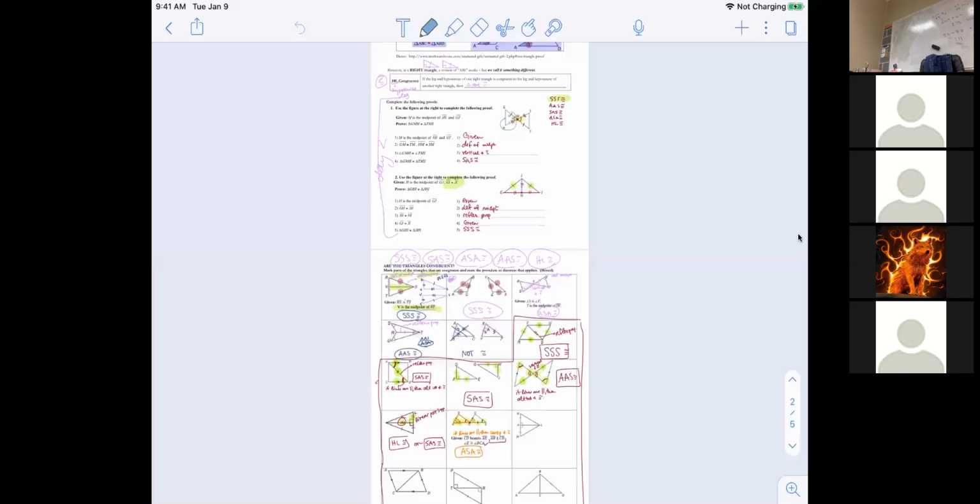Perfect. Thank you. We're going to start on the proof, and then do as many of the other practice problems as we can. But we got to get through the proof first. So let me erase all this stuff.